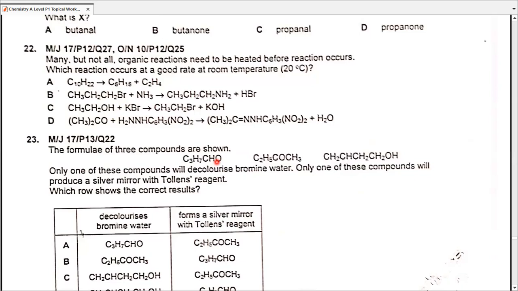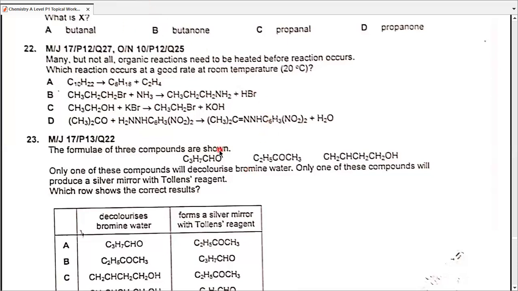It's either Charlie or Delta, right? Right. Delta.